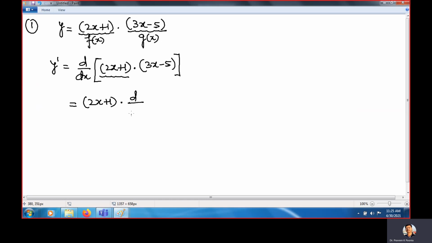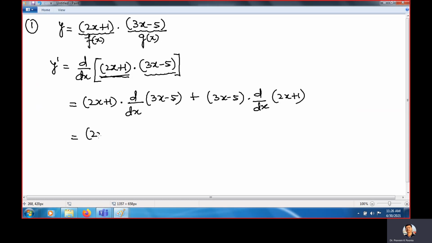Then differentiation of the second function. Now plus, now second function same to same, and the differentiation of the first function, 2x plus 1.